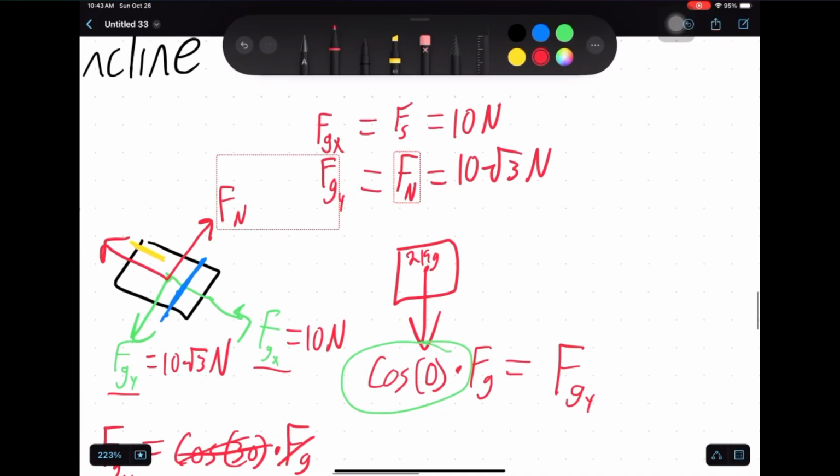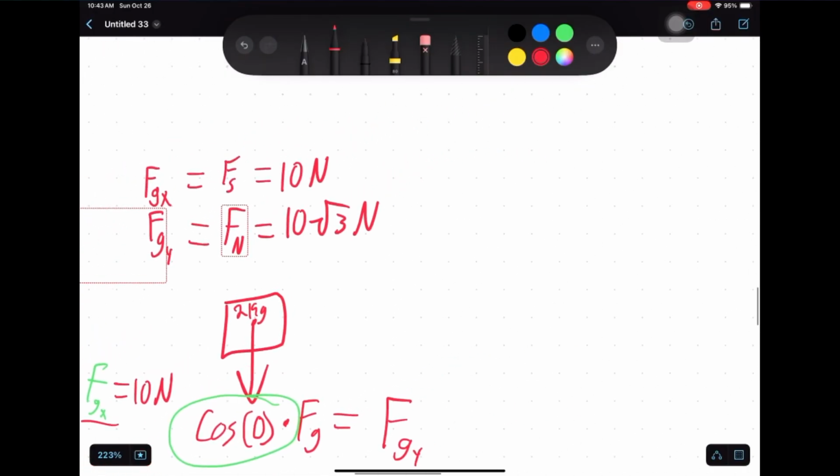Now, there's only one other thing we need to know: what our coefficient of friction is. Now, our coefficient of friction is very simple to calculate. We're going to take our force of static friction and set it equal to mu times force normal.